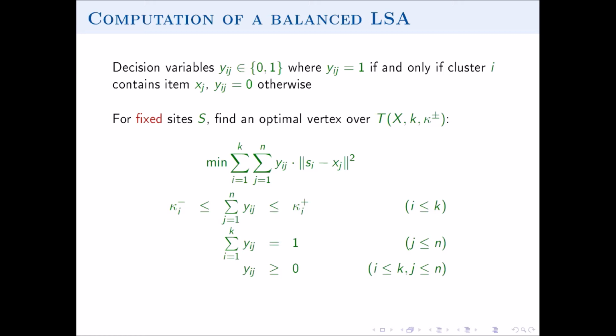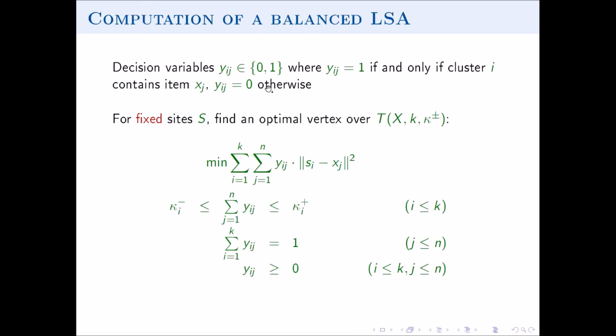All right, so let's make sure that we agree on what we're talking about. The first steps for a computation of a balanced least squares assignment are actually pretty straightforward. Some standard techniques. You would use decision variables that indicate whether an item xj is associated to cluster ci.